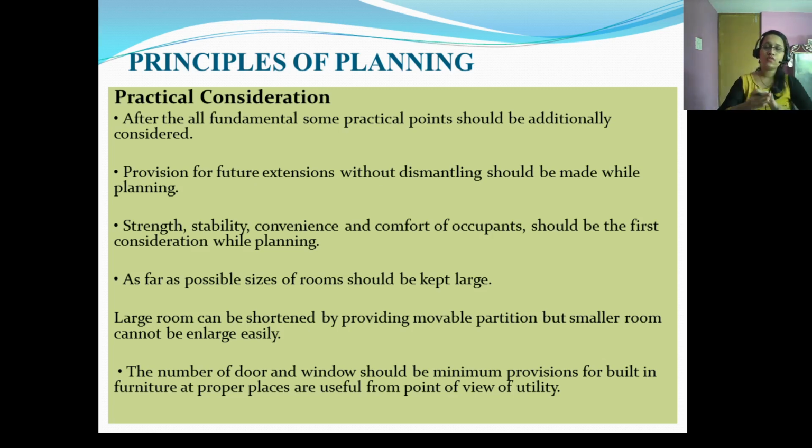The number of doors and windows should be minimum. Provision for built-in furniture at proper places is useful from the point of view of utility. All these practical considerations we should keep in mind while planning. So with this, I come to the end of this lecture.